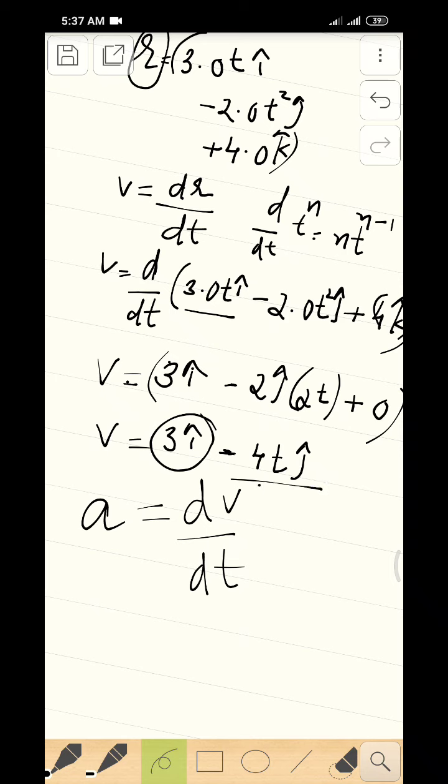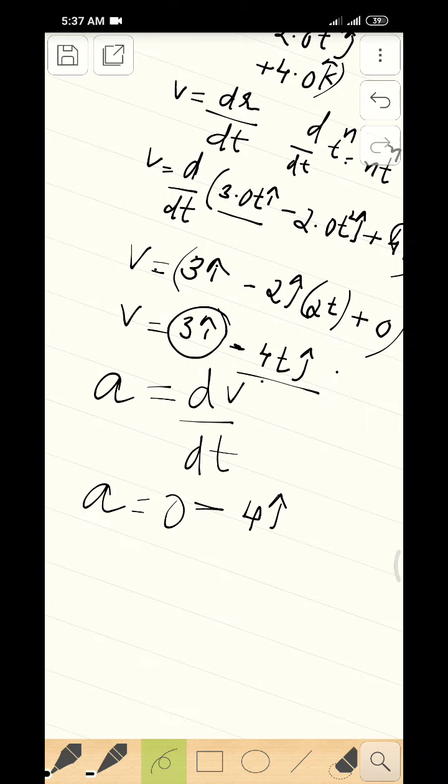So d by dt of minus 4t j cap, where 4 j cap is the constant and d by dt of t is 1, so 4 j cap remains. So the acceleration value is minus 4 j cap.